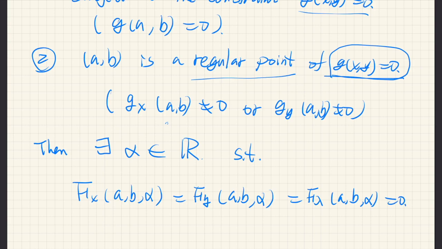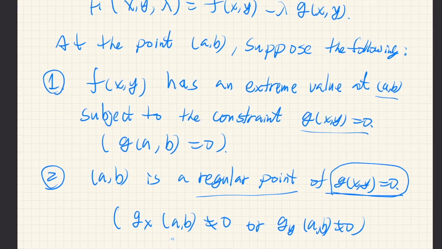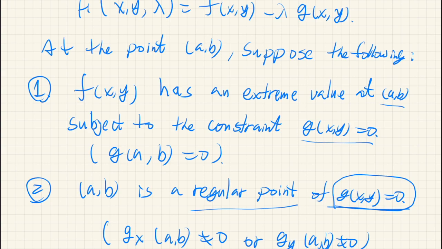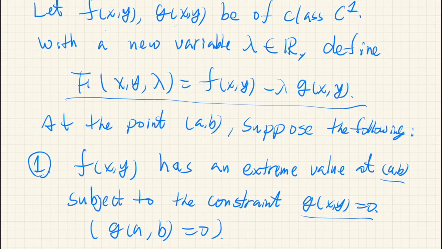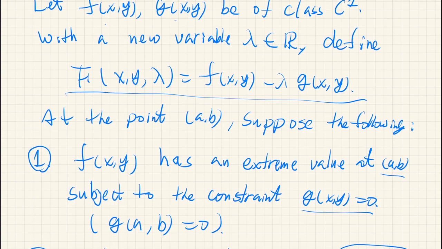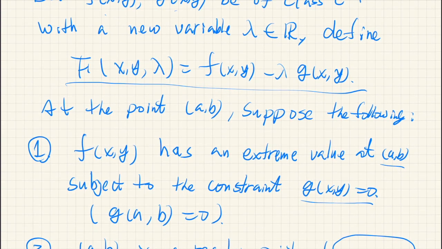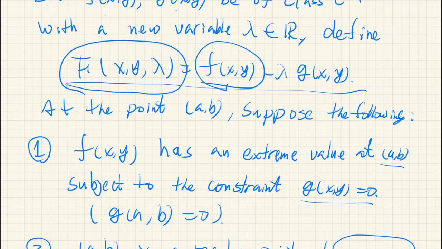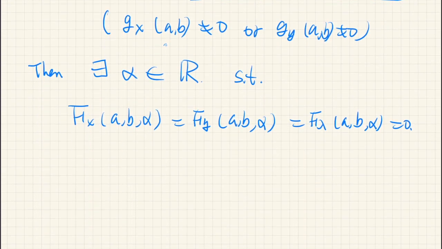So this is just like a necessary condition for the extreme value of unconstrained functions. But for the constrained problem, we define an extended function, and the extreme value finding of this function with constraint can be considered as an unconstrained extreme value problem of this extended function. So let's prove this theorem.